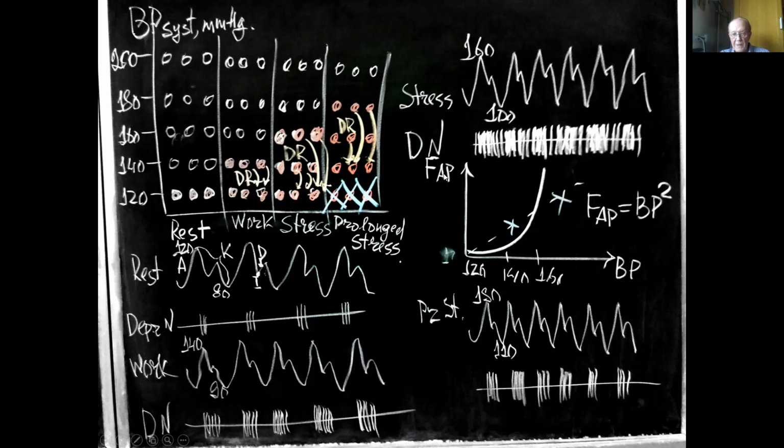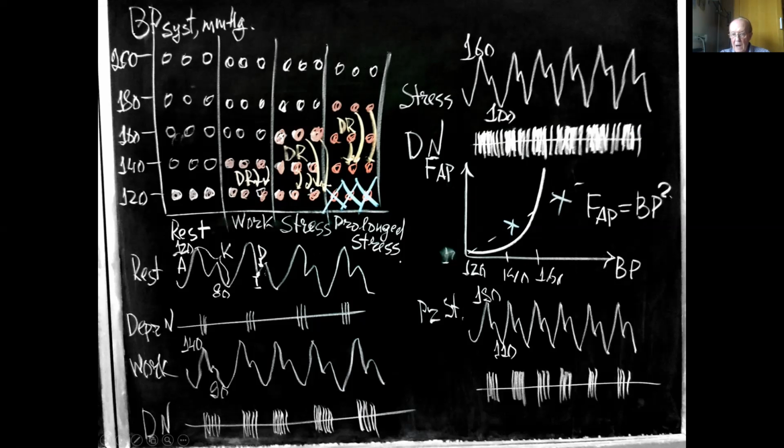The frequency of the action potentials, this F, depends on the systolic baroreceptors' pressure, not linearly, it has no linear dependence. This is the square dependence. Frequency depends on the blood pressure in square.